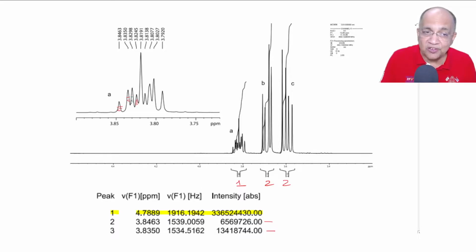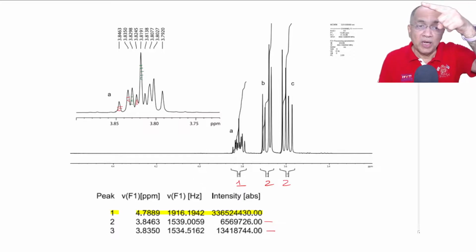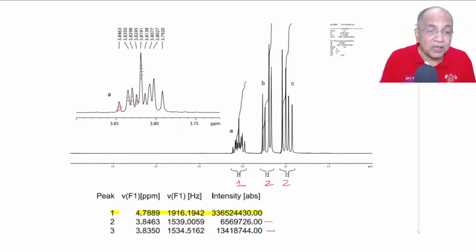The second triplet of the 2 is 1:2:1, that is 2:4:2.